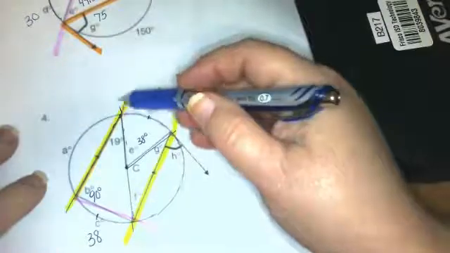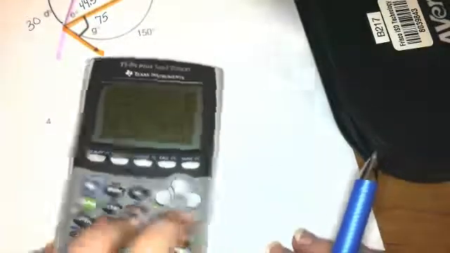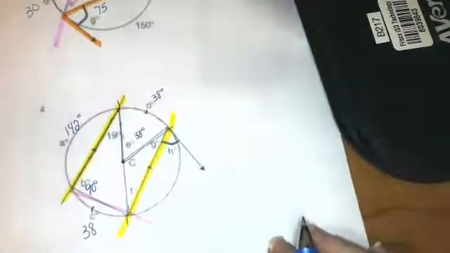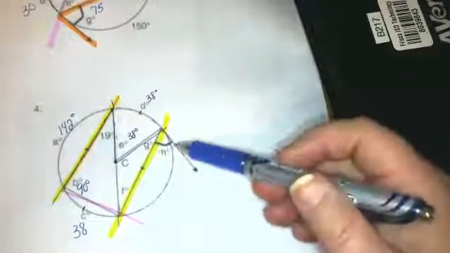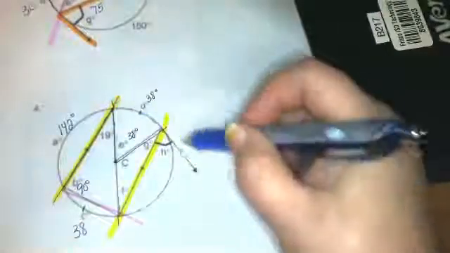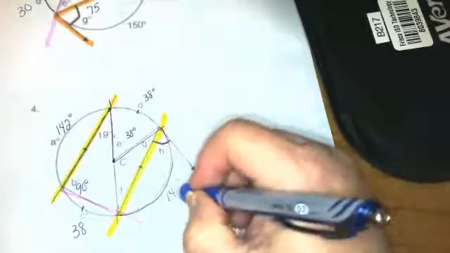Again, we have a diameter. So the arc is 180. So 180 minus 38 is going to give me the value of A. So A is 142. And all we have left here are F, G, and H. Over here, this arc is also going to be 142 because remember, diameter cuts the circle into 180.